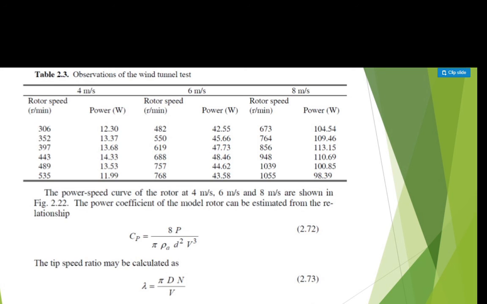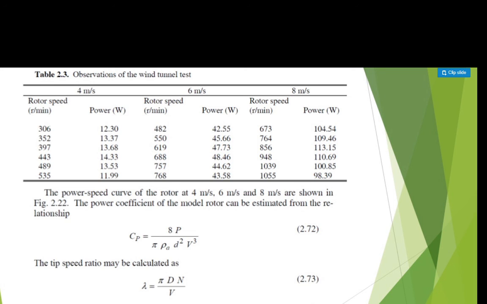Similarly for 6 meter per second, we can see that it depends upon the rotor speed and power. So we make a relation between the power and wind speed. The power speed curves of the rotor at 4 meter per second, 6 meter per second, and 8 meter per second are shown in the figure.